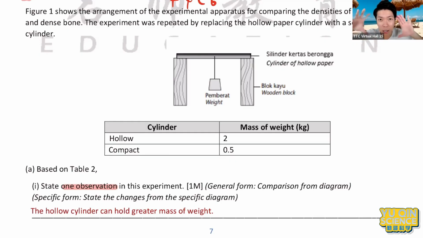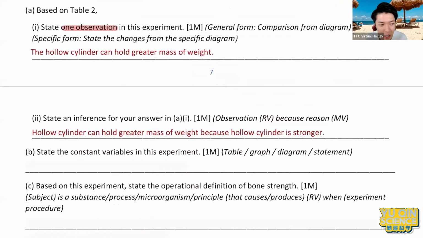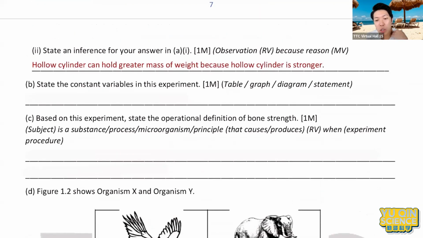If I roll it like a bigger circle, maybe it's not too fair anymore, isn't it? Or the length. So these are the stuff, we could even say the size. That's constant variable. Things must be fixed. Things must be fair. Mass of weight is not though. Mass of weight is like your responding variable.